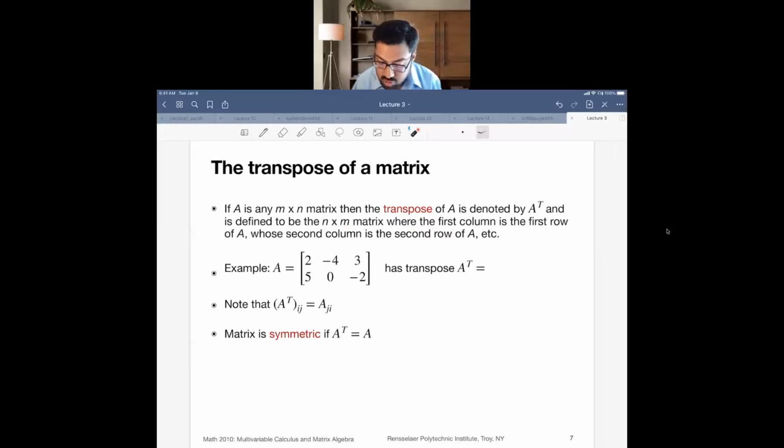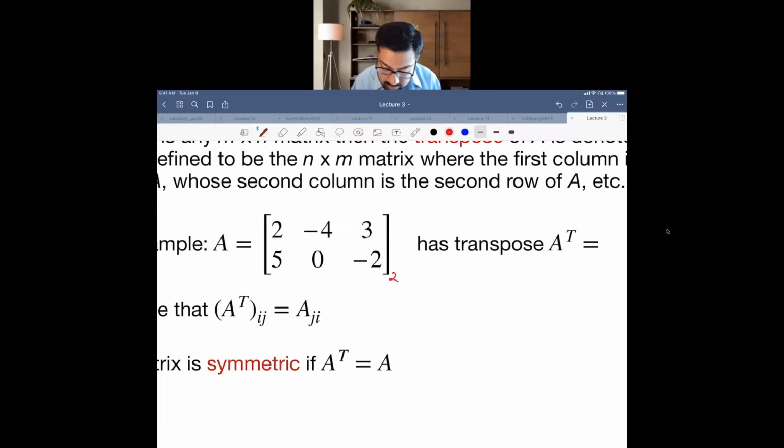The first column of A transpose is the first row of A, and the second column is the second row of A. So we are making the first row into the first column, the second row into the second column, and so on. If A is a 2 by 3 matrix, so 2 rows, 3 columns, what can you say about A transpose?